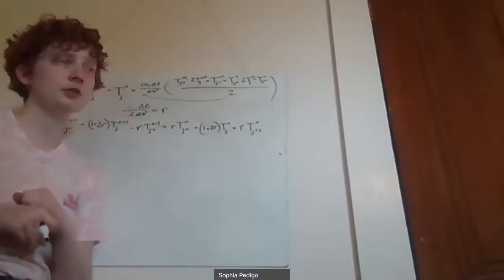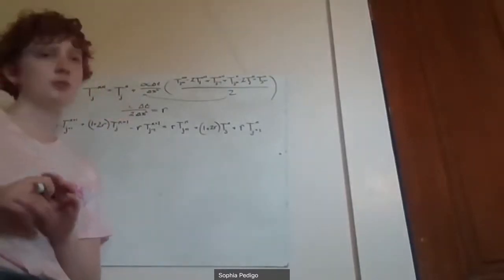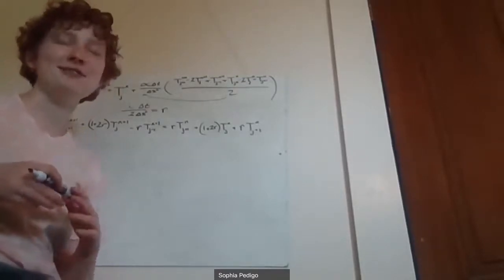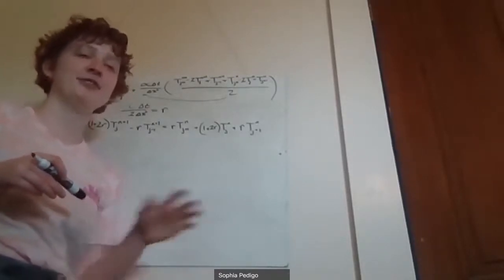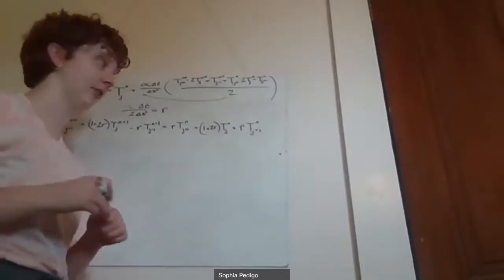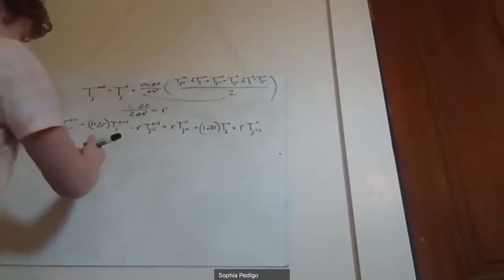And then once we substitute that in and rearrange some stuff, we're also going to use Euler's formula to make a substitution for that nasty little e to the ikx, because that will help us simplify things even further, which is nice.